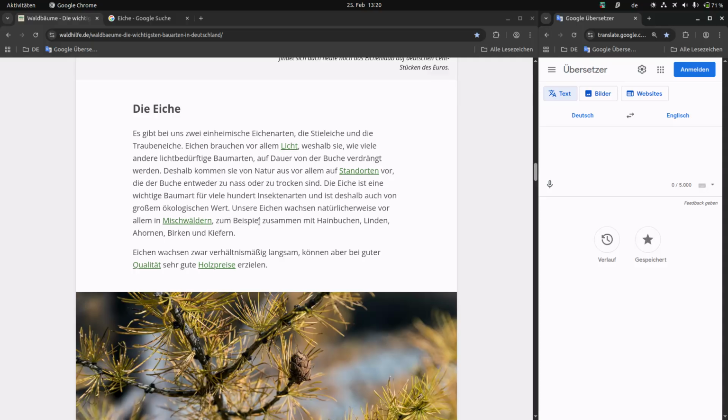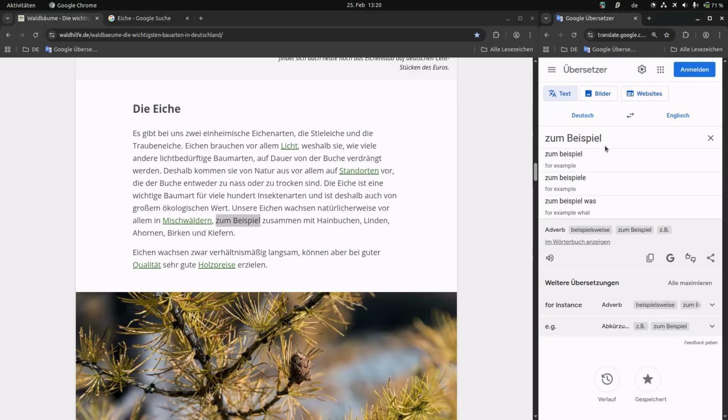Zum Beispiel, this is also a kind of saying, and it of course means for example, but it's slightly different in English, because in English you say for example, in German we don't say für Beispiel.